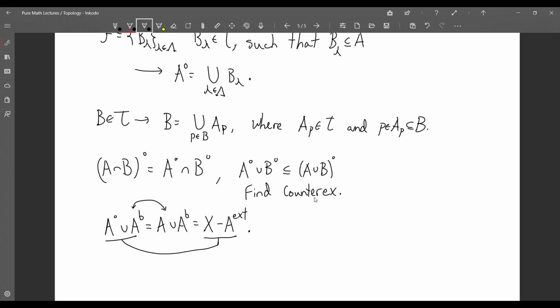A is essentially the interior along with some of the boundary points, but not always all of them. And if you include all of the boundary points, this is going to give us what we call the closure of A, and that's what we'll talk about next time.